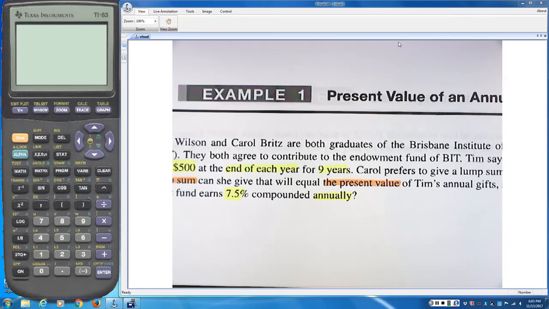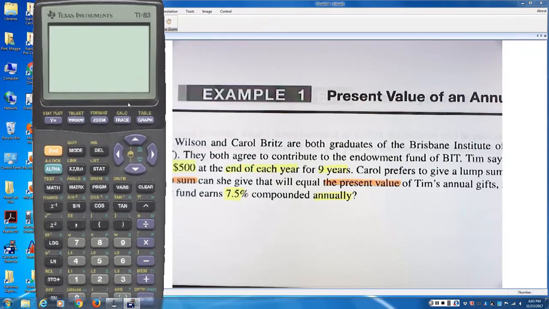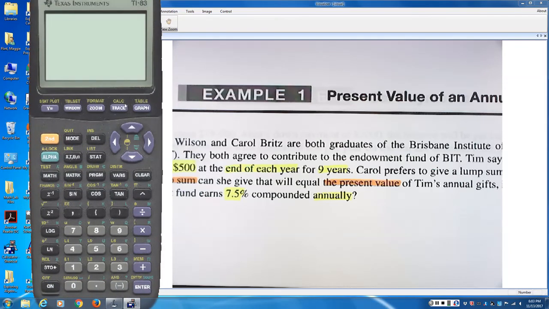So what we'll do is we'll take our TVM solver, make sure that's where everybody can see it well. In the TVM solver, we know that N is the number of years times the number of times per year it's compounded.